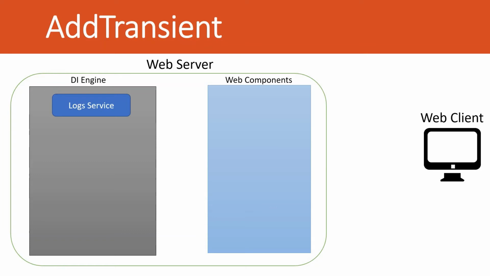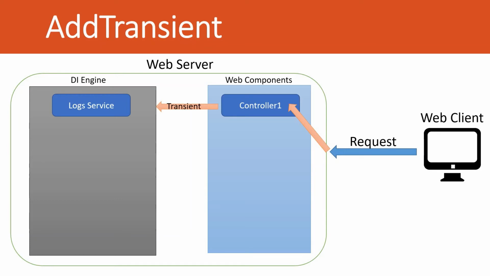Let's see add transient. Similarly to add singleton, here also we make a web request from the web client. The web request will be handled by controller 1. Controller 1 has a dependency on log service, so it requests the DI engine.